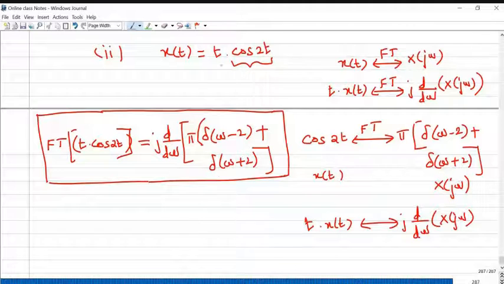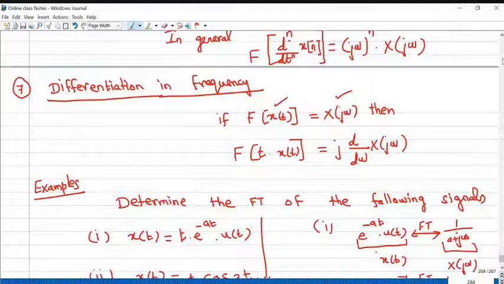Okay, so these two problems are examples for differentiation in frequency domain, right?